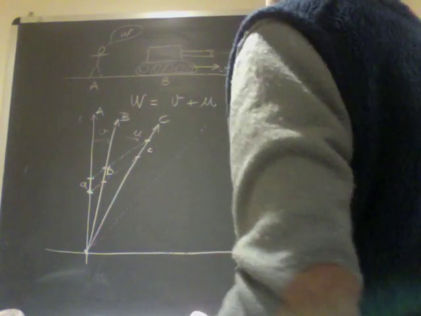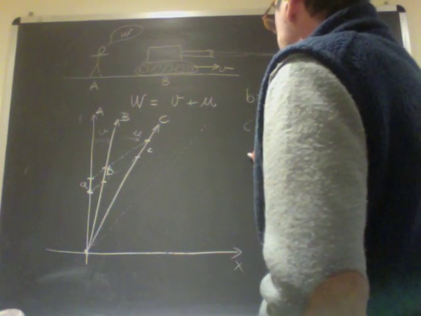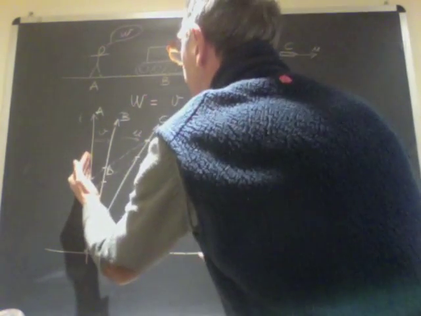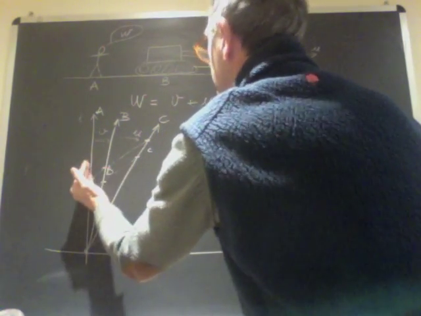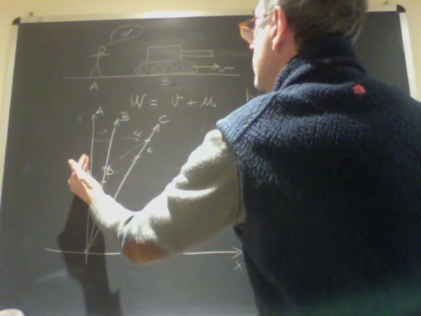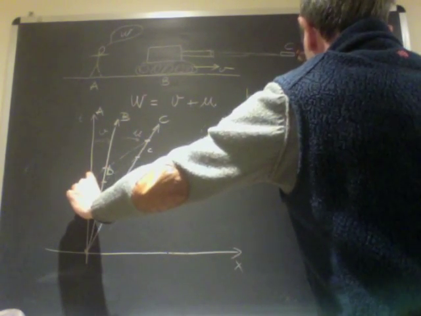Then the last equation that I can write is that c is also equal to this displacement here, so it is equal to K from A to C times a.